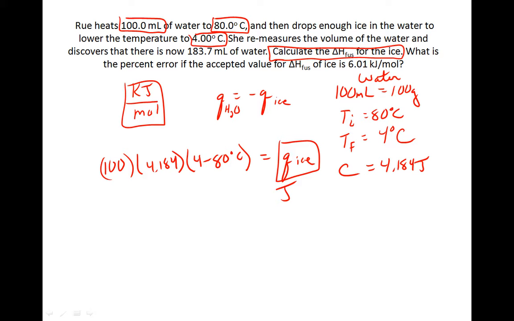So I don't have my calculator here, but if you'll go ahead and multiply these numbers, we're going to get some kind of joules. So 400 times 76, I can't even begin to do that in my head. So go ahead and do your calculation, and you're going to have some number of joules, which is the amount of heat gained by the ice as it melts.